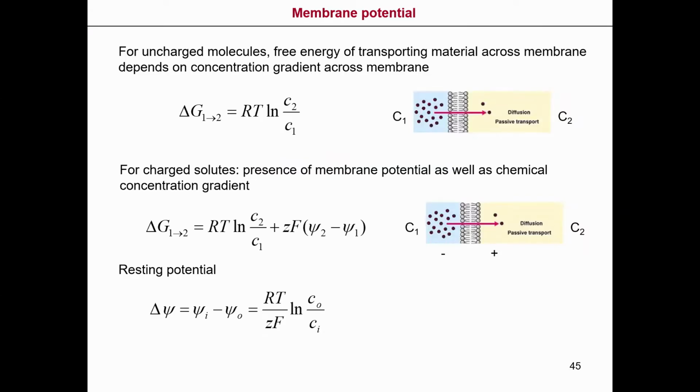So now we will see the thermodynamic point of view for the membrane transport across the membrane. For an uncharged molecule, the free energy, the delta G, from compartment 1 to compartment 2 depends on the concentration gradient across the membrane.